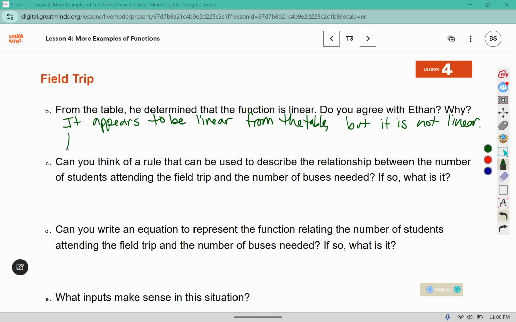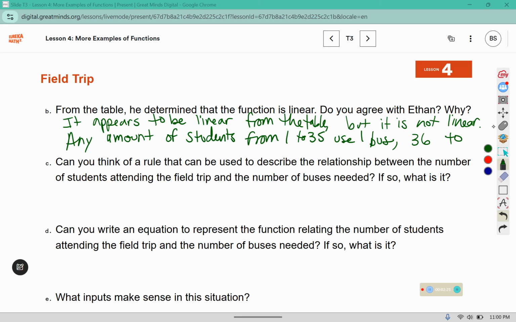And the reason is because any amount of students from 1 to 35 use one bus. But then from 36 to 70 need 2 buses. So it's not growing at a constant rate.